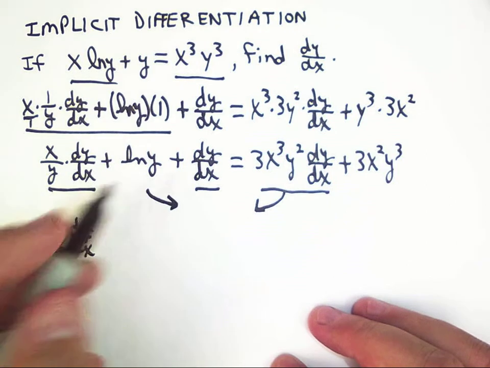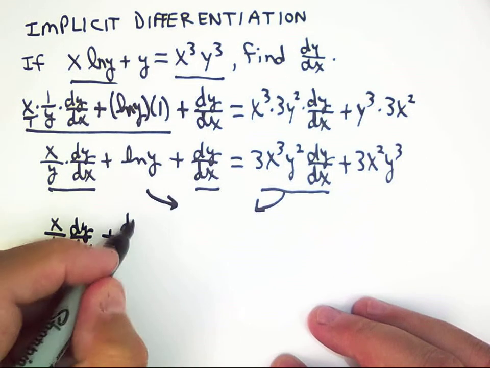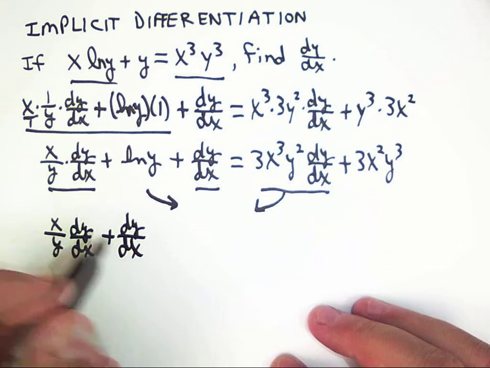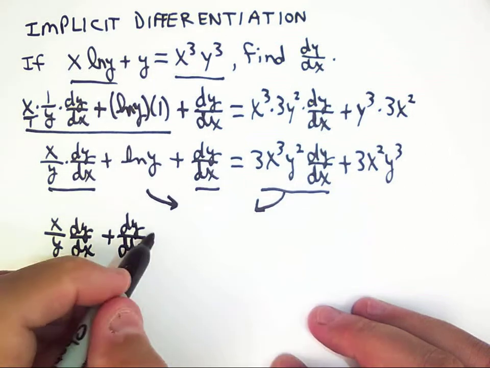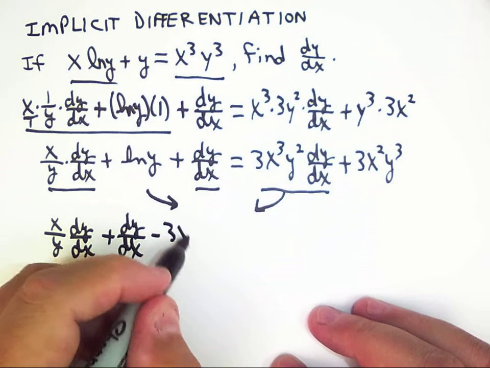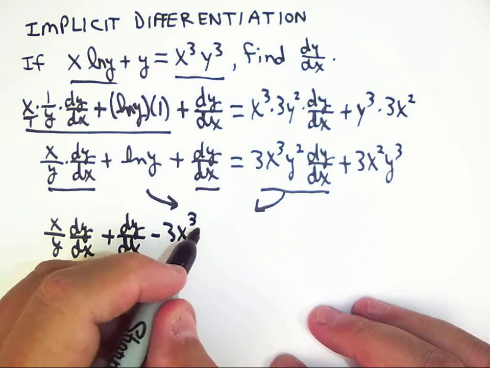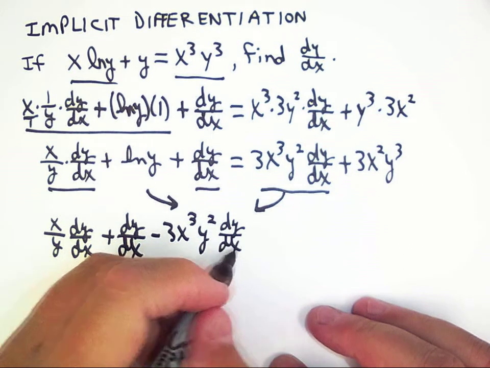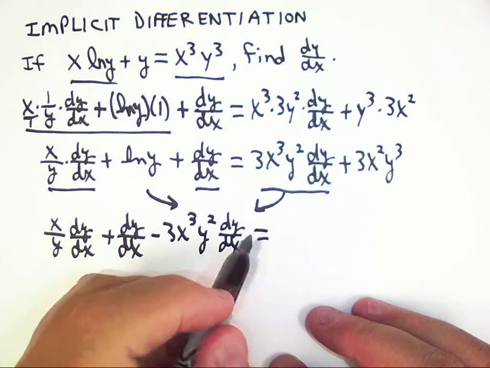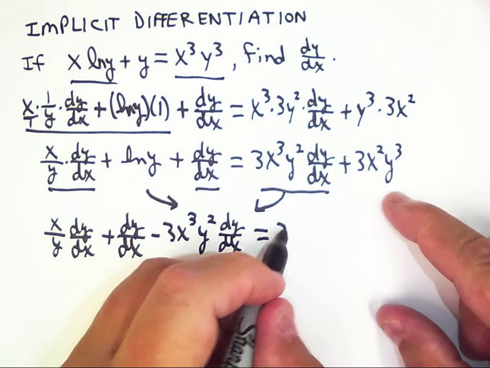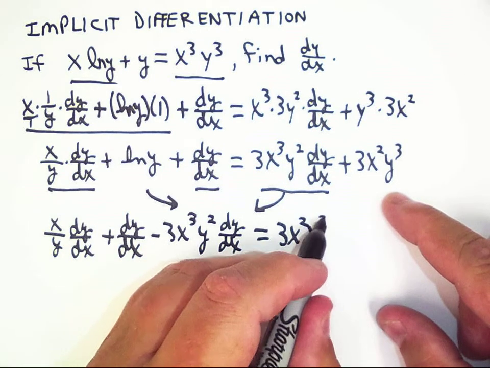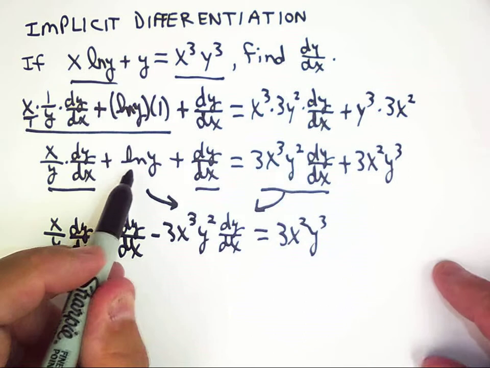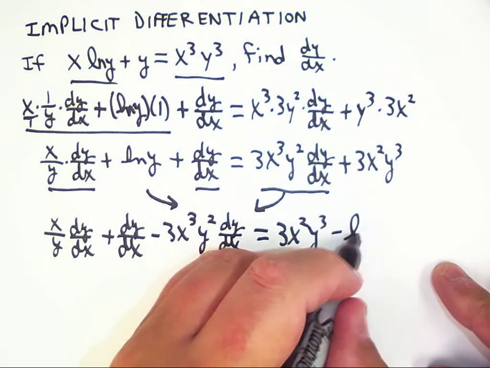That's going to move, but you still have this dy over dx here. And then this is going to move and become negative, so you get minus 3x cubed y squared times dy over dx equals the 3x squared y cubed stays where it is. The natural log of y moves over and becomes minus natural log of y.